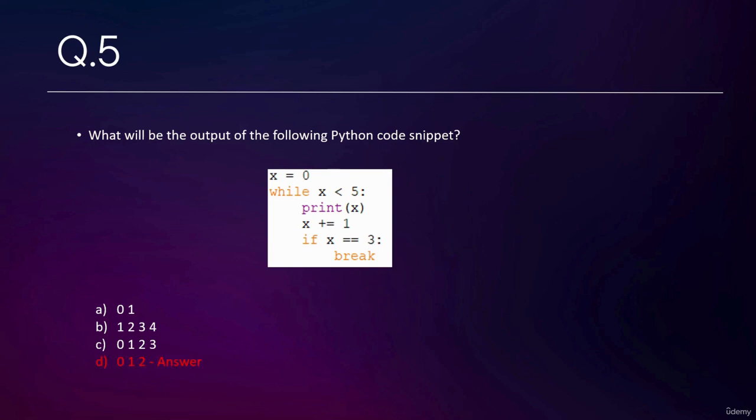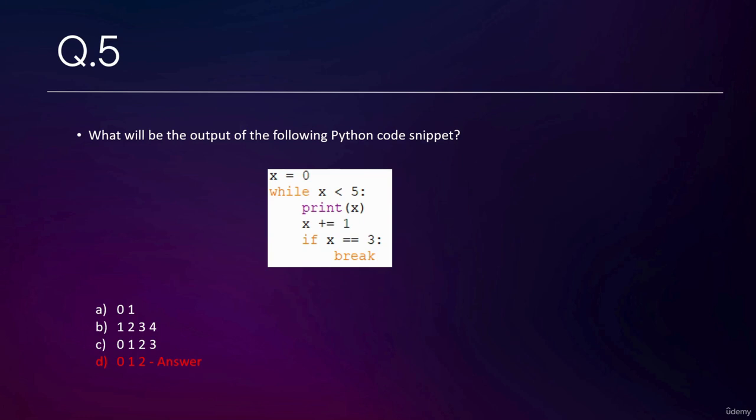It will output D because it checks for the condition. So this means that it will move on in the first one, x is 0. So in the first print, it prints 0, then it adds 1, and the if statement is not triggered because x is 0. In the next iteration, x has a value of 1, so it will print 1, then update the value of x, and again the if statement is not triggered because x has a value of 1.